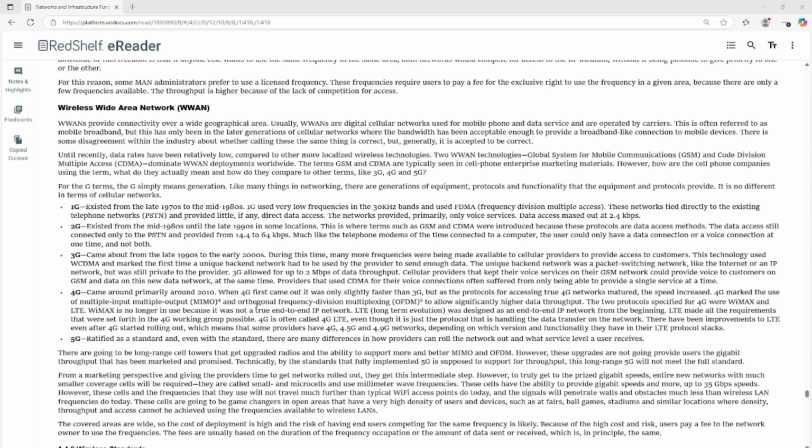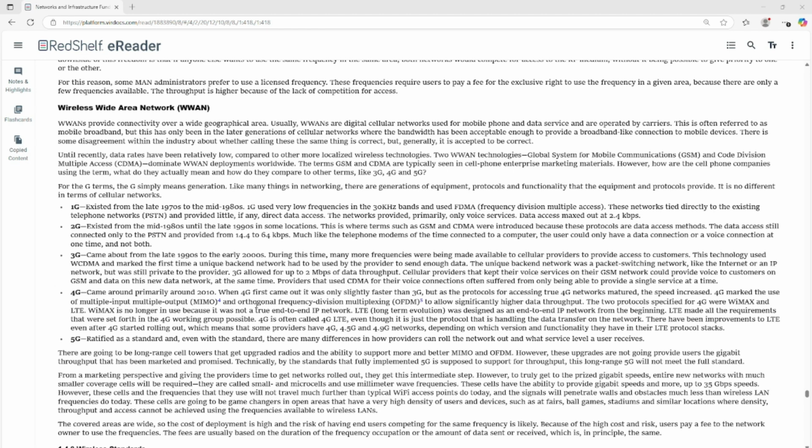There are two types of WWAN technologies: the GSM, which means Global System for Mobile Communications, and CDMA, which stands for Code Division Multiple Access.